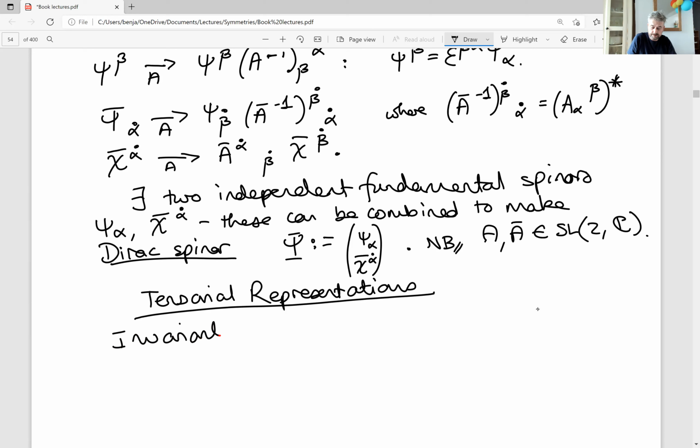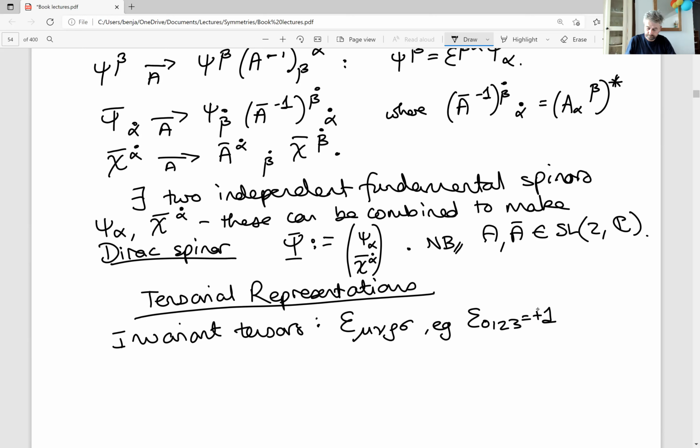Remember, it's always important to identify the invariant tensors. Epsilon mu nu rho sigma. And so you define one of these to be +1. So let's say that epsilon 0, 1, 2, 3 is +1.